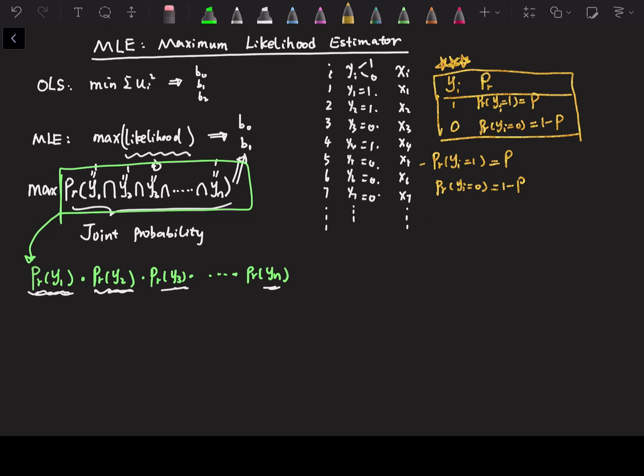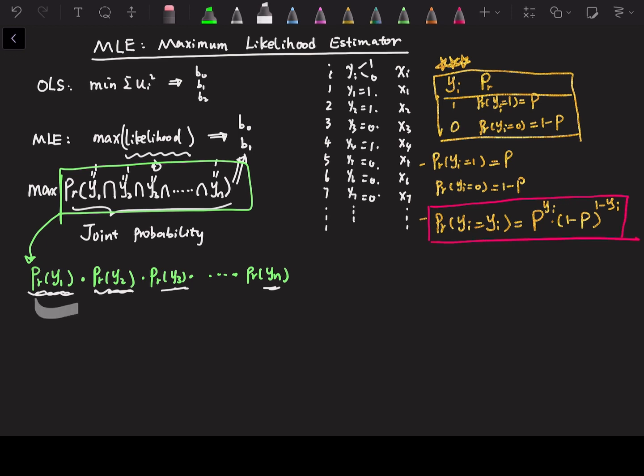We can write the probability that you observe y equals a value, which we call y sub i, it could be 1 or 0, equals p to the power of y sub i, times 1 minus p to the power of 1 minus y sub i. Now this is important because we need to use this to expand this likelihood function.